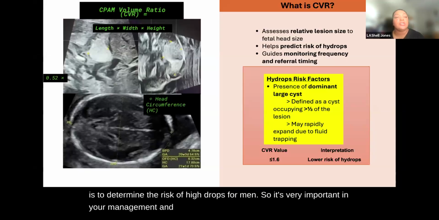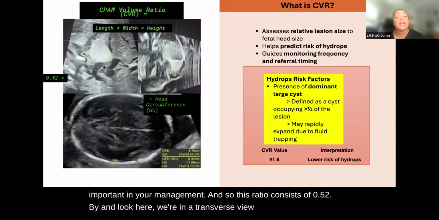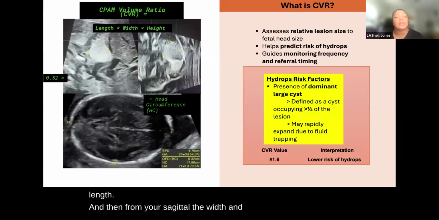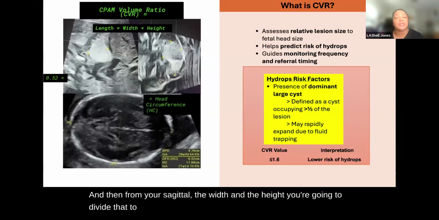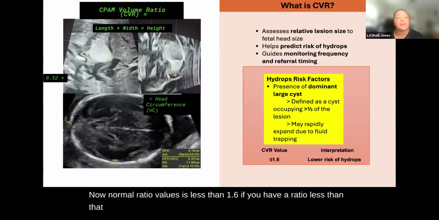This ratio consists of 0.52 times, and look here, we're in a transverse view, but we're measuring the length, and then from your sagittal, the width and the height. You're going to divide that by the head circumference, and you'll come up with a ratio. Now, a normal ratio value is less than 1.6. If you have a ratio less than that, then there is a lower risk of hydrops.